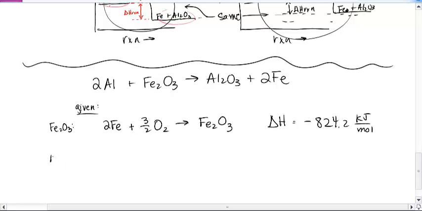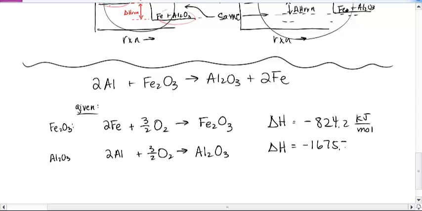And perhaps we're also given some information about Al2O3, that 2 aluminums and 3/2 of an oxygen react to produce Al2O3, and the heat for that particular reaction is negative 1675.7 kilojoules per mole.